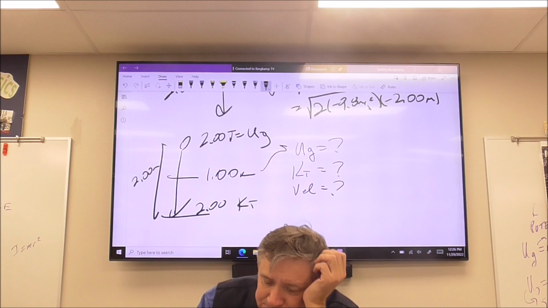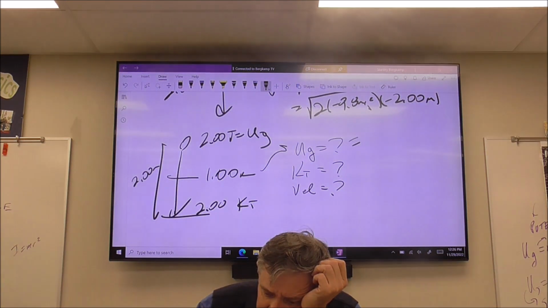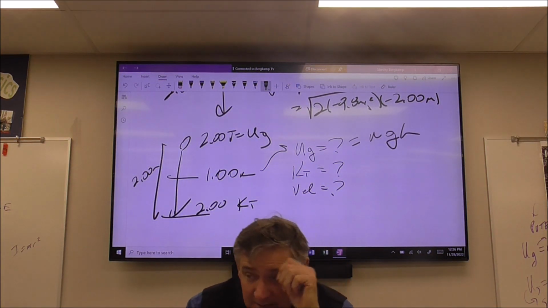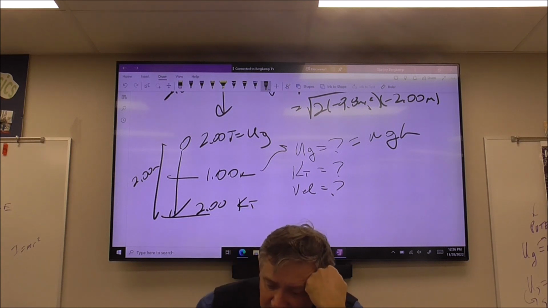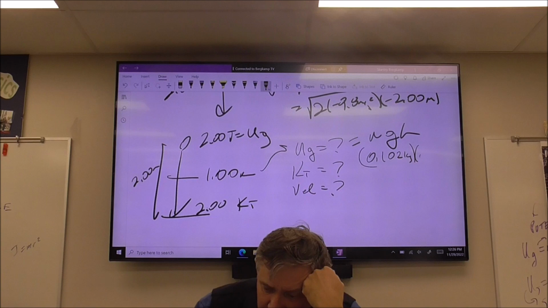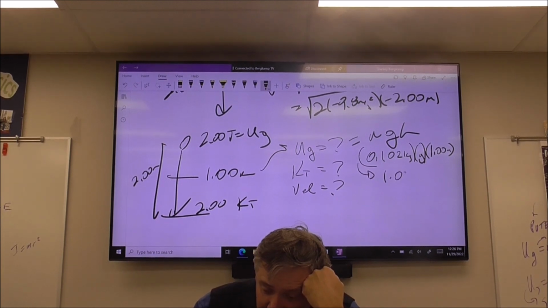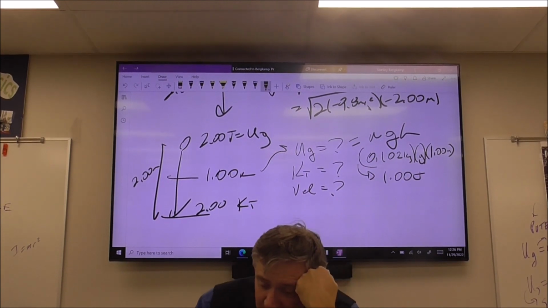So we can calculate UG, and that's going to be mgh. Somebody take 0.102 kilograms times g times 1 meter. You get exactly 1 joule.